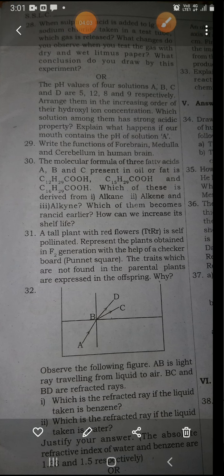Next, the next value given is C15H29COOH. Let's try to see that. For alkene, the general formula is CnH2n. So C15H2 into 15 is 30.